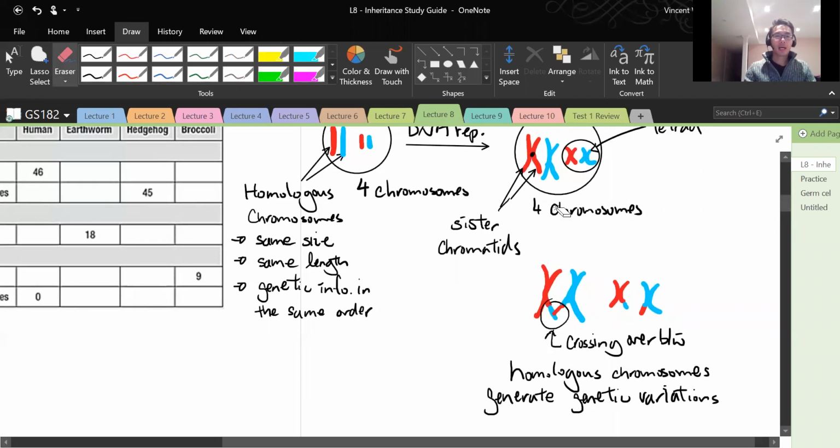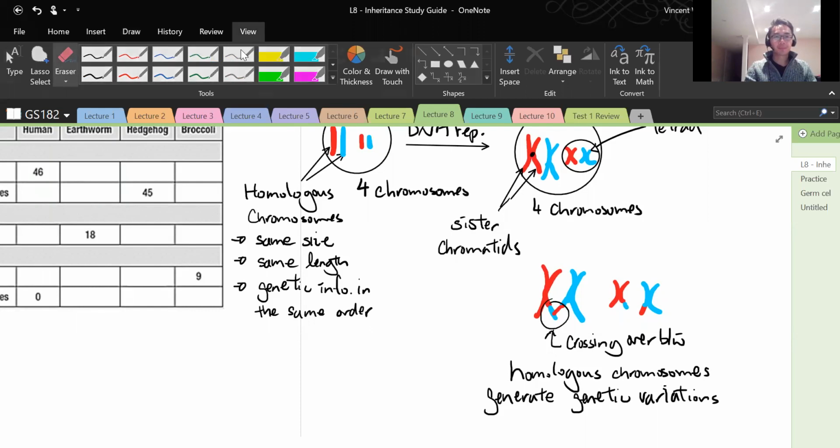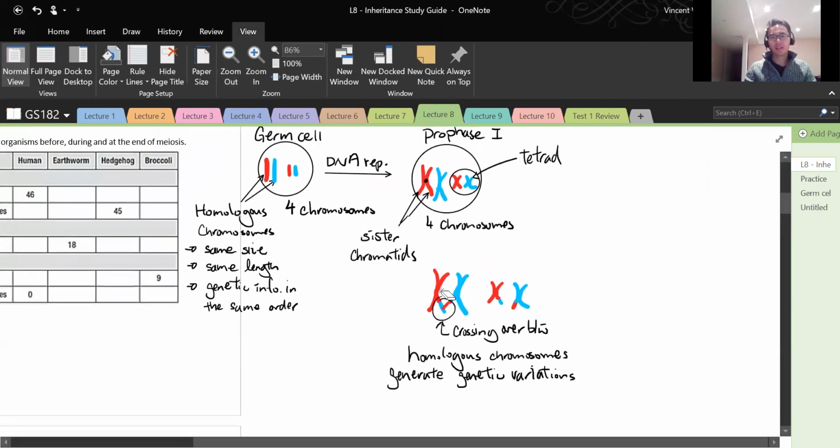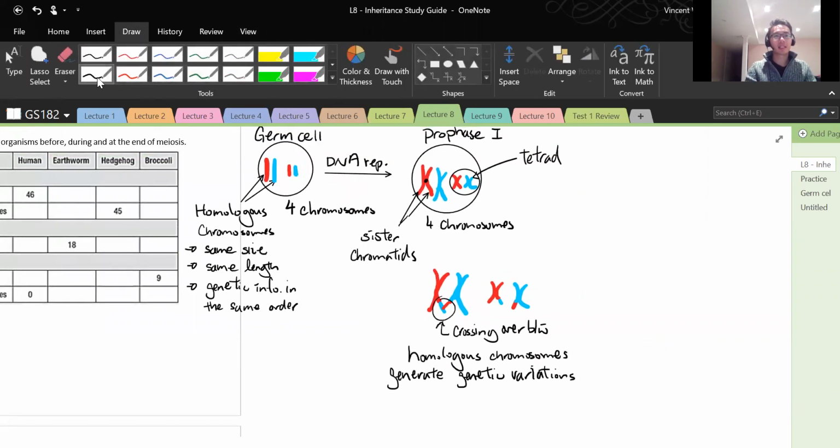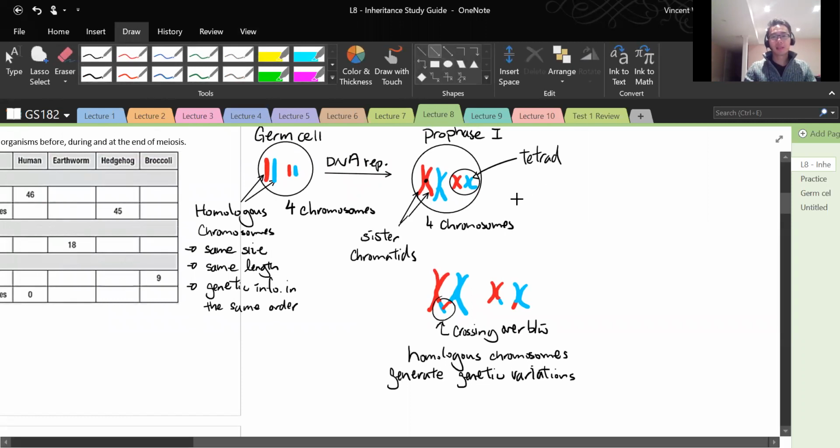Okay, so anyway, long story short, these are all pretty much explained in the lecture already, but you're going to have the metaphase, an anaphase, and a telophase, and what you're going to end up having is 2 cells.